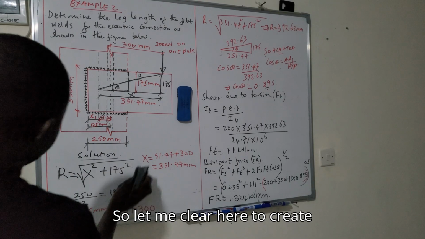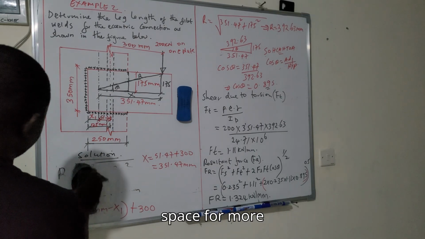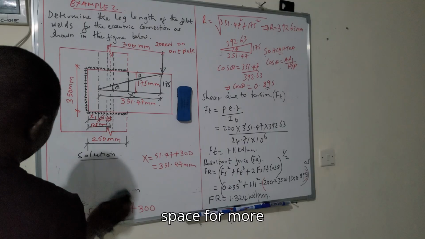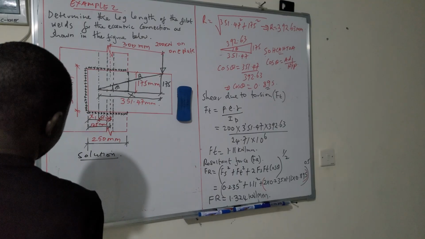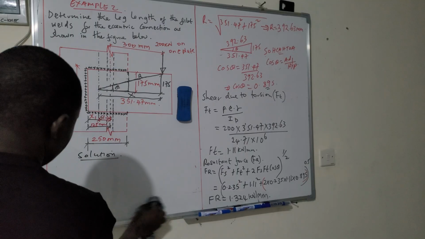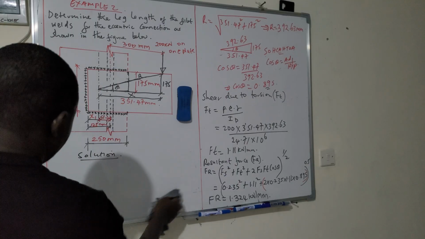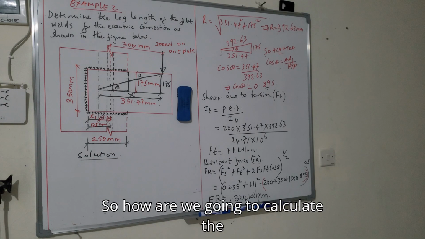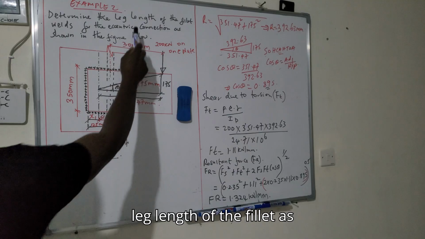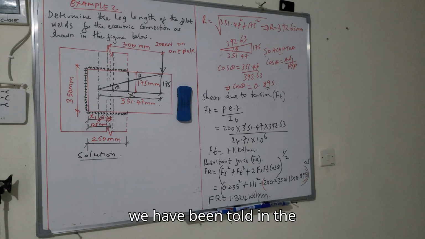So let me clear here to create space for more calculation. So how are we going to calculate the leg length of the fillet as we have been told in the question?